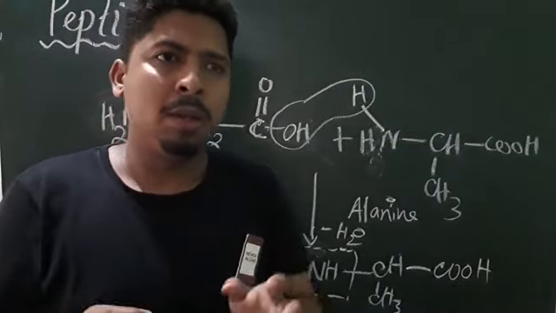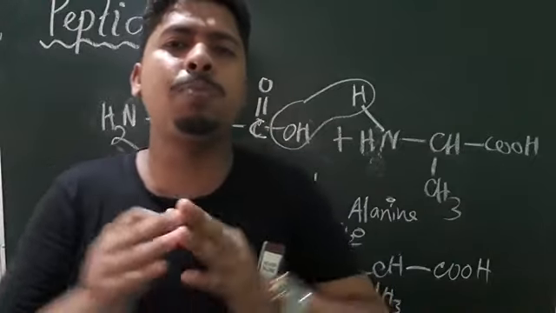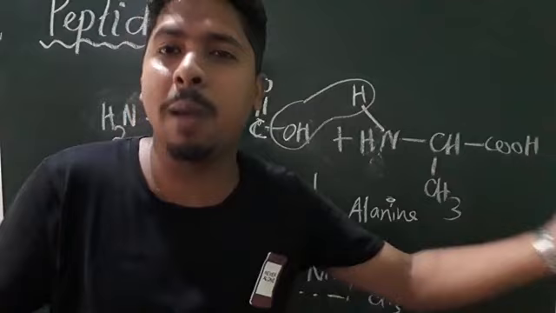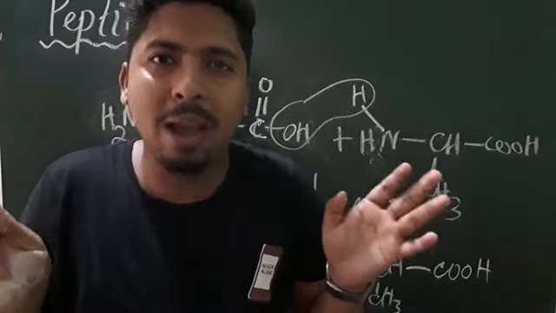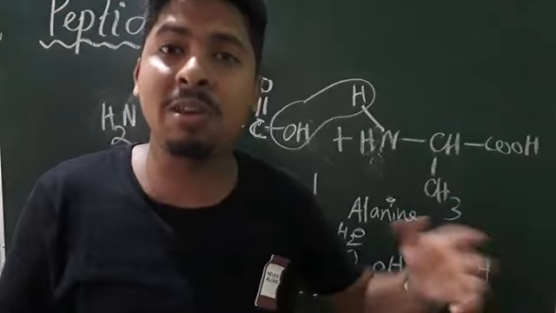Based on the number of amino acids, these peptides are named. This may be dipeptide, tripeptide, tetrapeptide, pentapeptide, like that. If 2 amino acids combine, it is called a dipeptide; if 3 combine, a tripeptide; then tetrapeptide, like that.